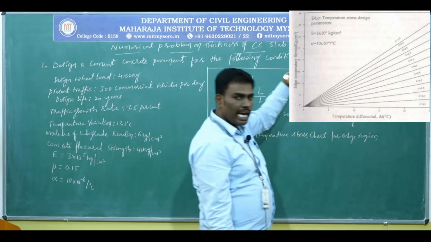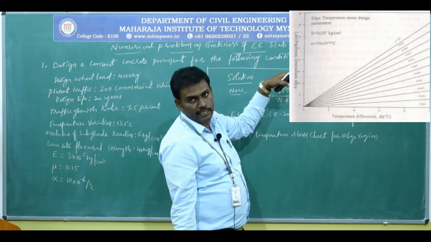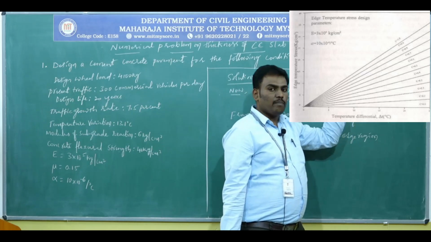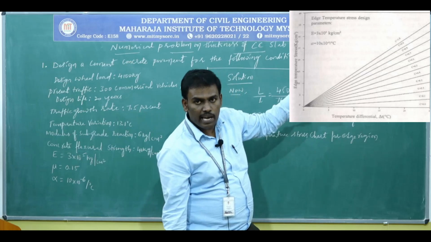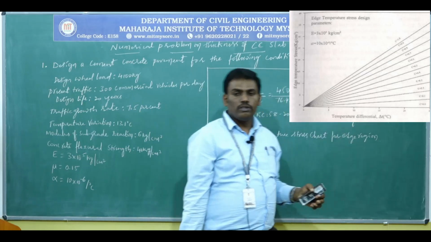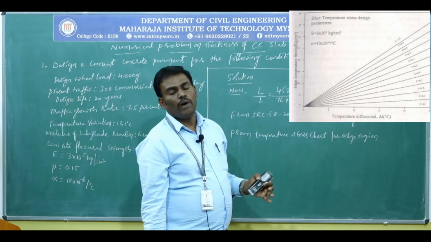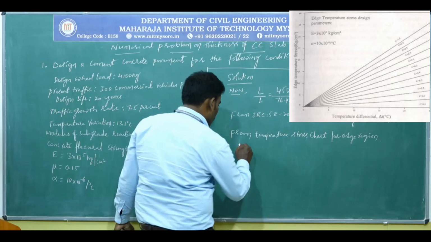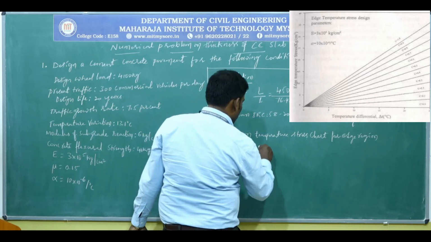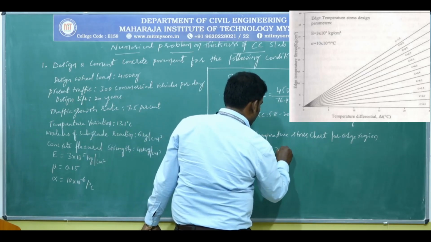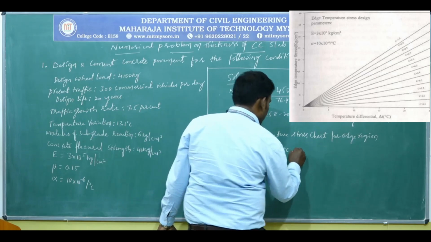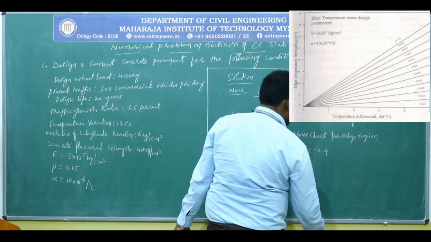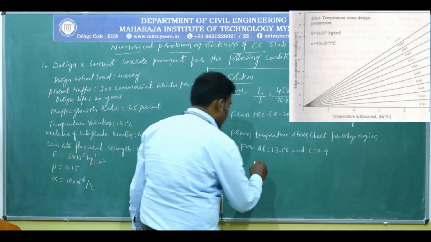From that point, draw a horizontal line parallel to the x-axis till that horizontal line touches the y-axis. At that point, note down the value of temperature stress at the edge region, for delta T equal to 13.1 degree centigrade and C equal to 0.9.